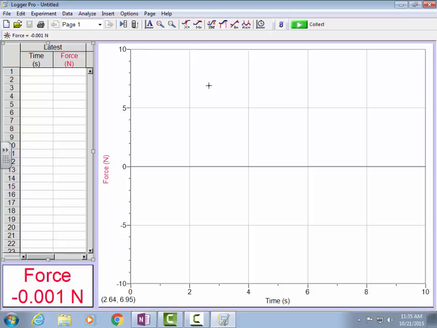M1 is 230, right? M1 is the hanging mass. M2 is 1.02, right? So what do you get for mu? I can't hear you. What do you get for mu? Let's just verify that this is roughly what it takes to move this mass.